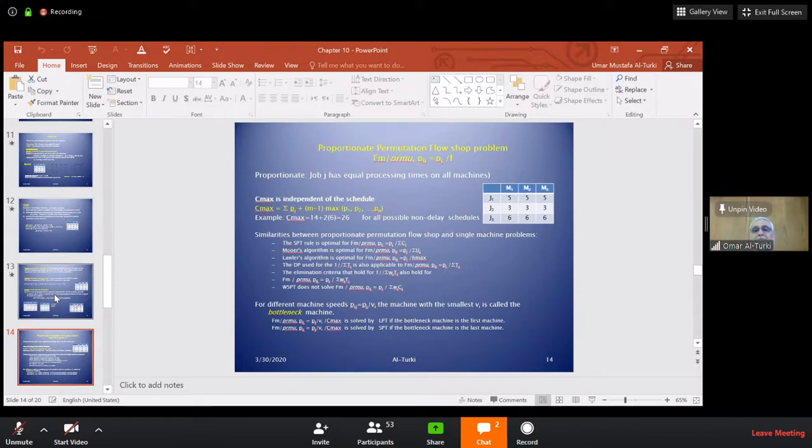Now what do we do if we have 5 machines, 6 machines, 7 machines? What can we do? No, the same, we did not do anything. How the same? Do me the same. No, it's not a parallel machine, this is a flow shop.